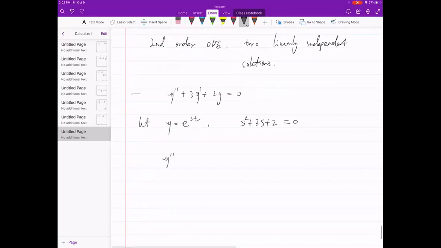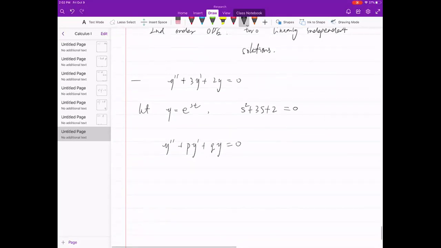What if it's not 3 and 2? It's just p and q. You actually don't have to do it, but if you want, you can certainly do it. You take the derivative twice, you get an s squared. You take the derivative once, you get an s. You take the derivative 3 times, you get s cubed, right? So eventually, you will always receive something like this.